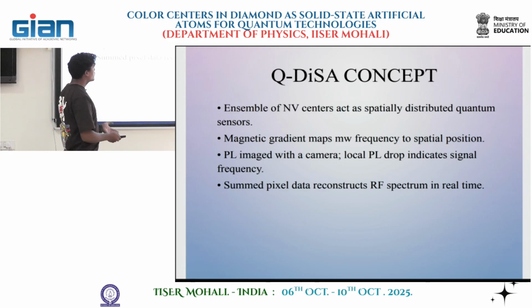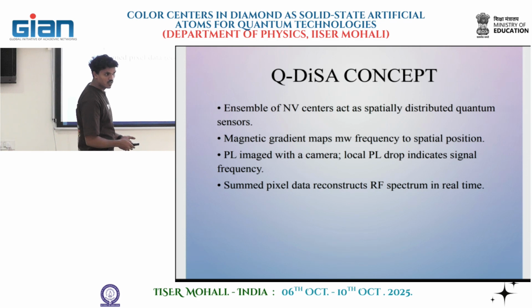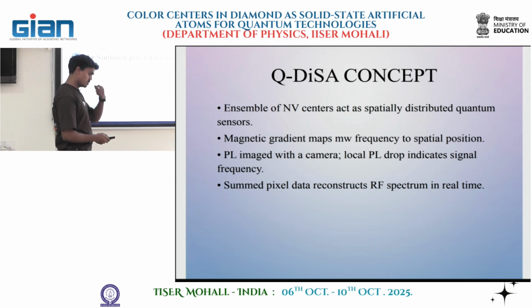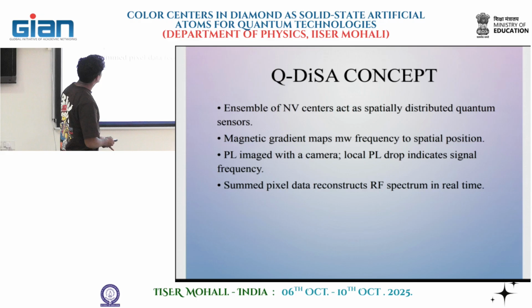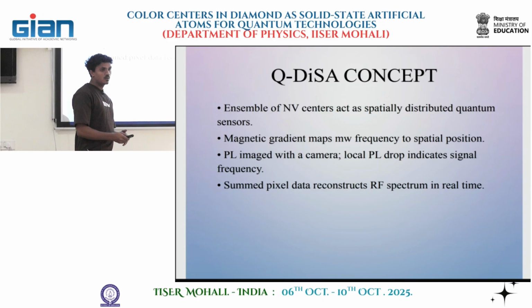So we take an ensemble of NV centers in diamond and apply a magnetic field gradient. The magnetic gradient maps microwave frequency to spatial positions, and we image the photoluminescence with a camera, and a local PL drop indicates the signal frequency. As we apply the magnetic field at different spatial positions in the diamond, it creates different frequencies at the different NV centers.